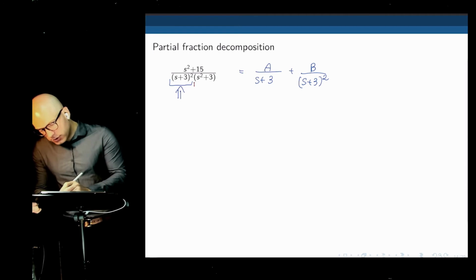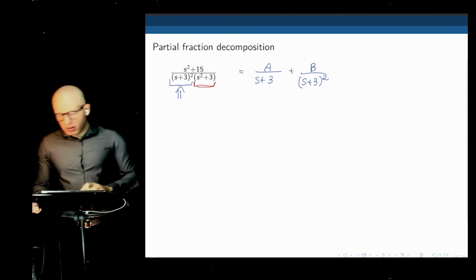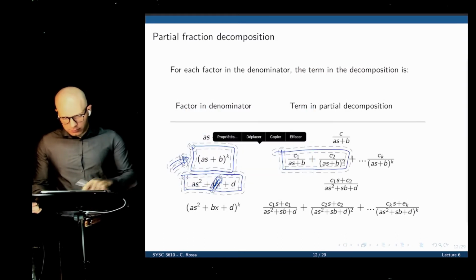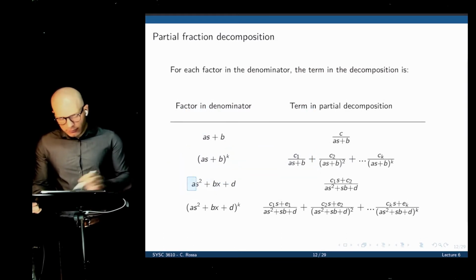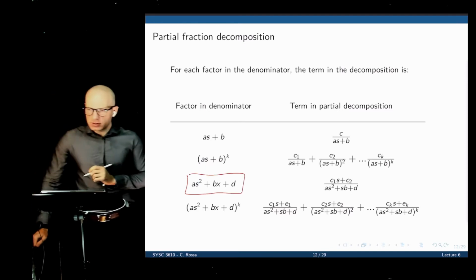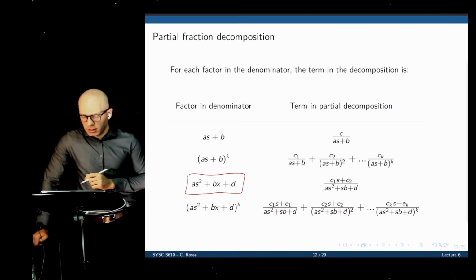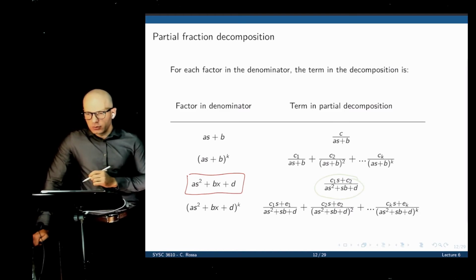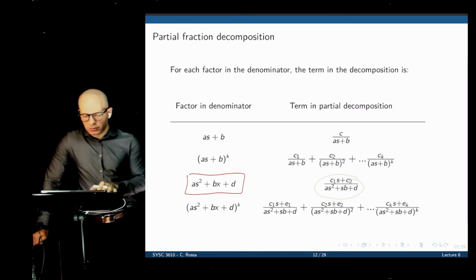And then we have this term that now has a complex root. So let's go back to the table. It clearly falls into this category here, where b is 0, right? Just as squared plus d. What we need is the same denominator, but now in the numerator, we end up with two constants, c1 and c2.